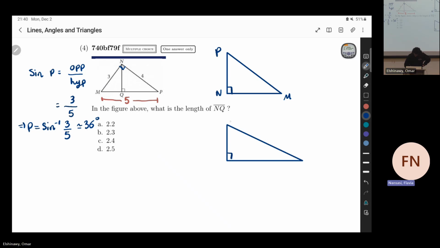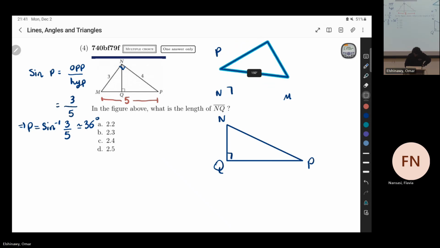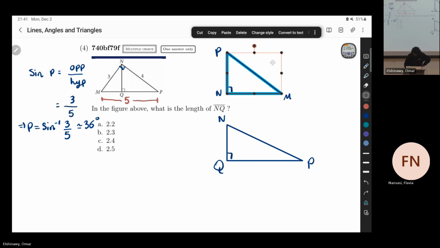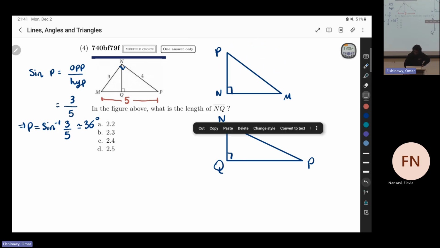I want to use the bigger one. I'm just writing down the stuff to make sure this is correct. So I have two right angle triangles. This is the first one, and this is the second one.